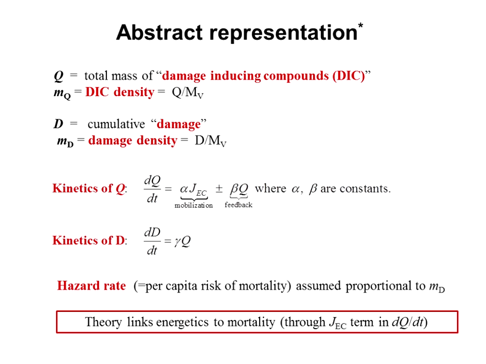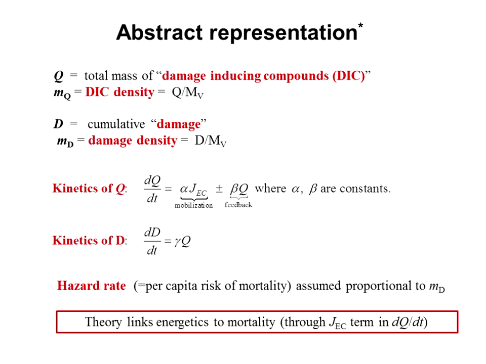And what we see here is that the end result of this is that we are getting a link between mortality rate, the hazard rate, through this quantity m sub d. That in turn is linked to the mobilization through this term J sub EC in the earlier equations, which is the mobilization flux.